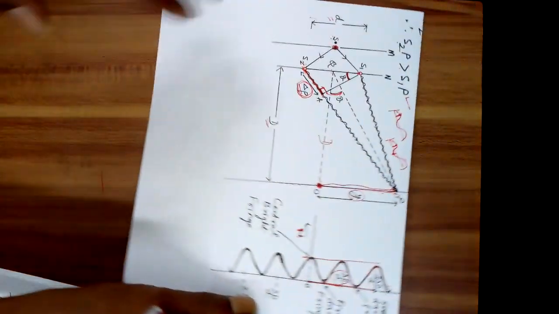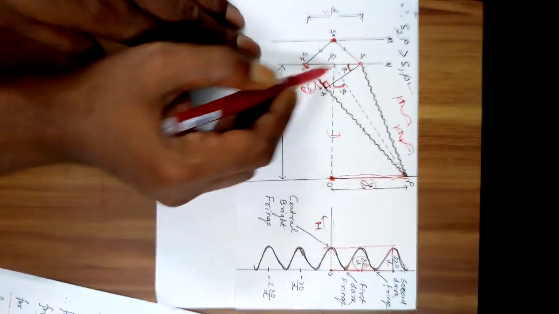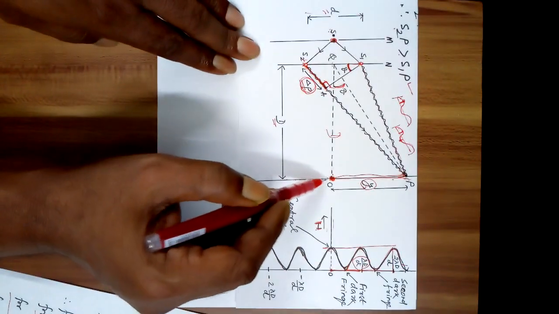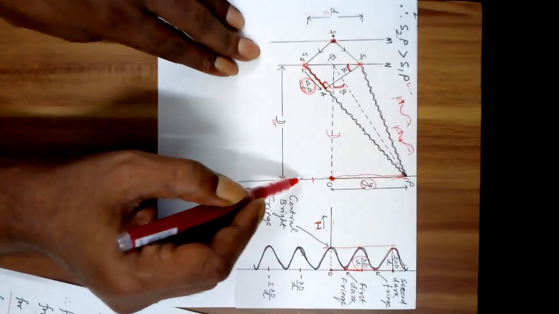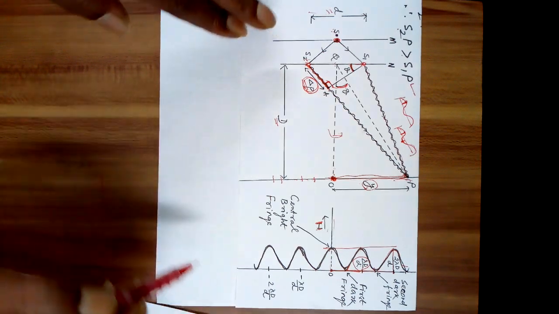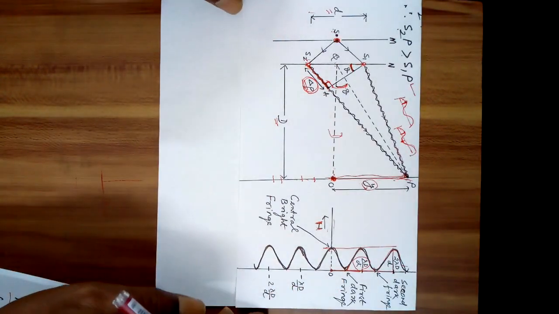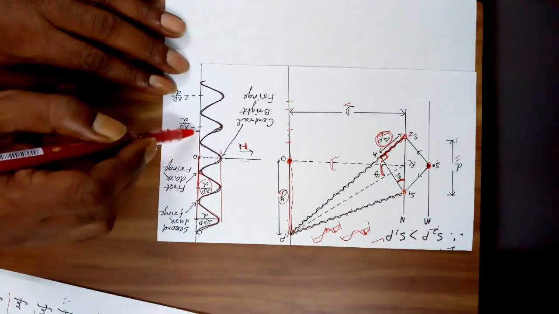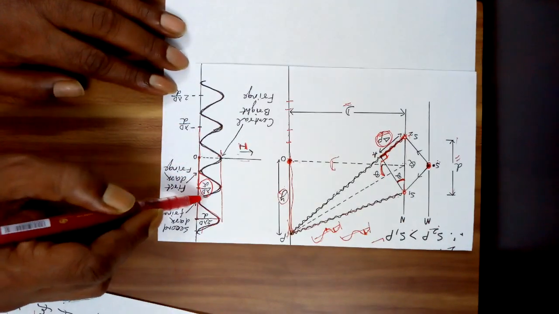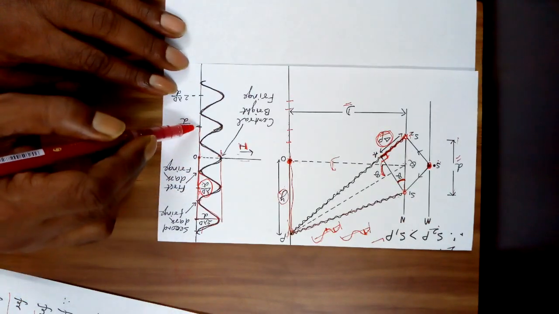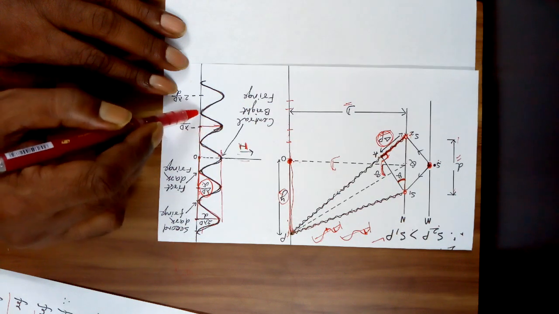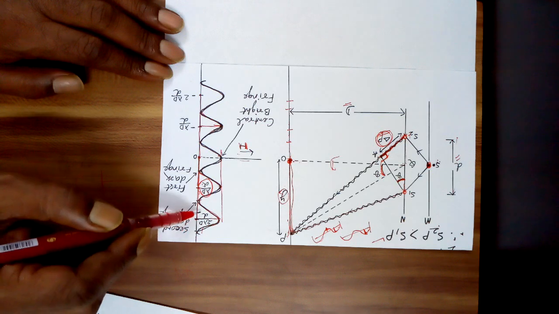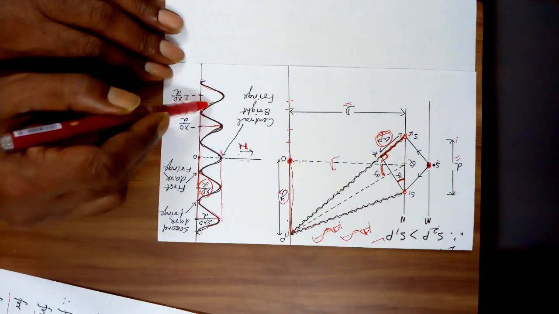And of course the wave from here and the wave from here are also traveling to this side. So on the screen at certain points at the same distance we'll also have a bright spot. So from here to here at the same distance, lambda capital D over small d, here again the intensity is maximum. Again at 2 lambda capital D over d, again the intensity is maximum.